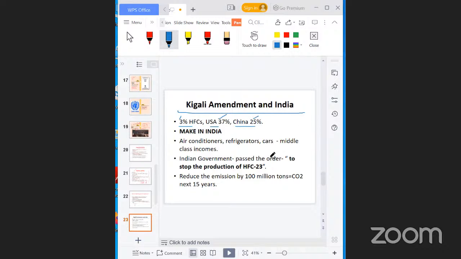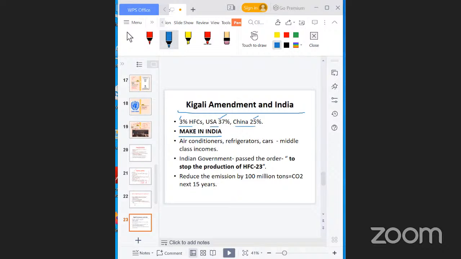So it would be tough for India to adhere to this agreement along with the Paris Pact, especially when it has embarked on an ambitious Make in India program, that is to increase its industrial production, right?